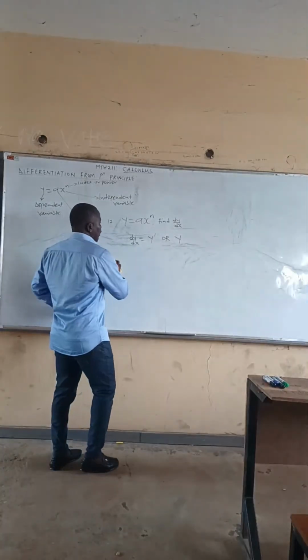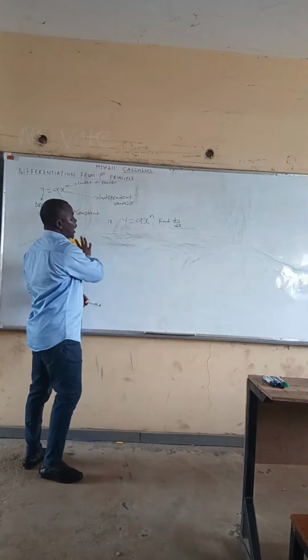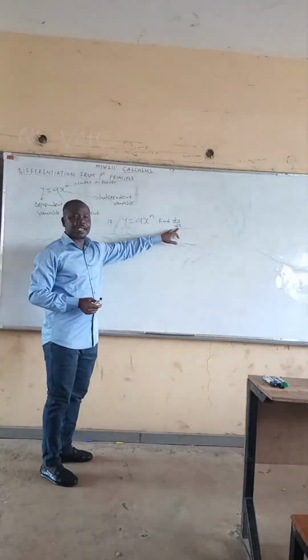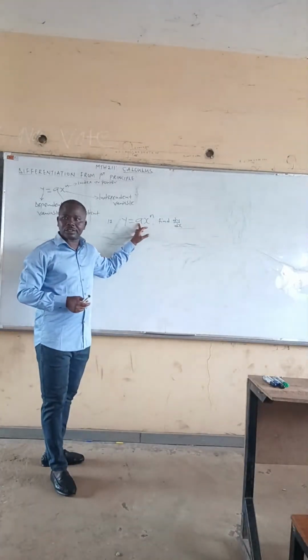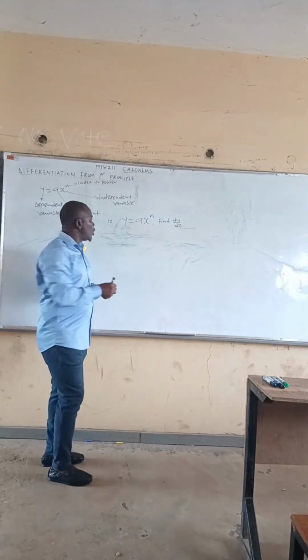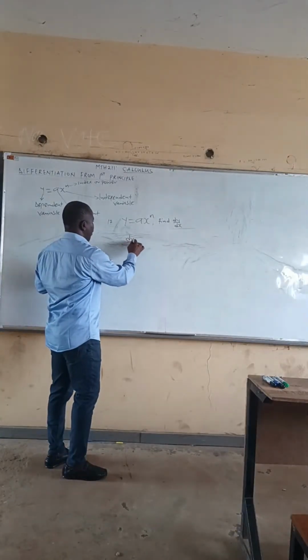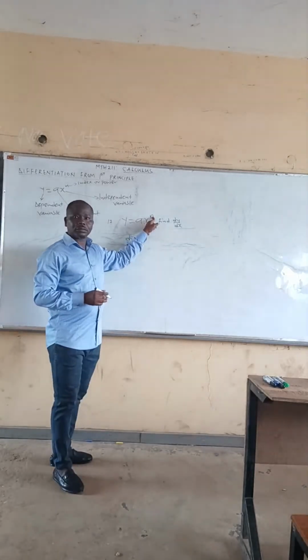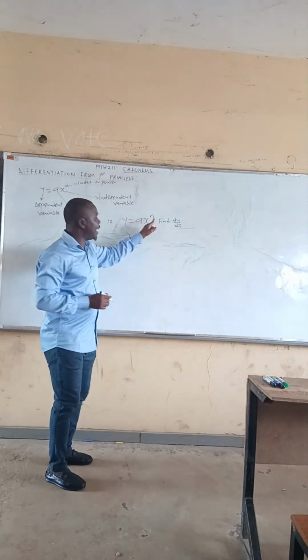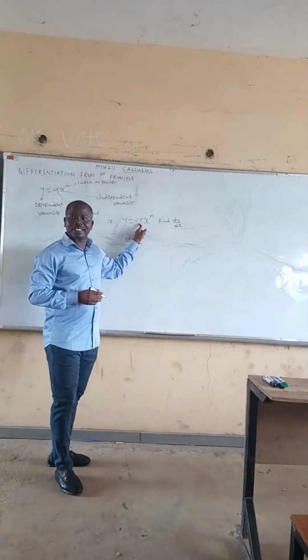So how do we find dy over dx? This a is a constant. So our dy over dx is going to have n here. We use the n to multiply what is here.